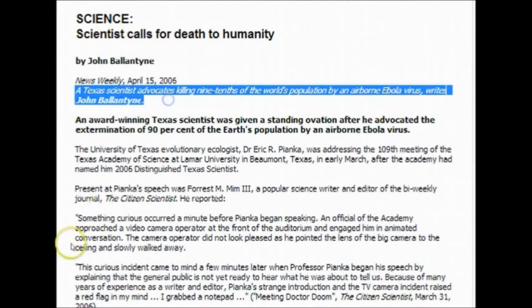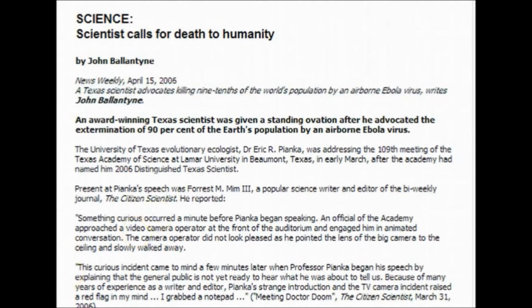A Texan scientist advocates killing 9/10 of the world population by an airborne Ebola virus. Why would a scientist stand up and specifically say Ebola? Okay, and this is eight or so years ago, back in 2006. And now we're having a pandemic of Ebola.